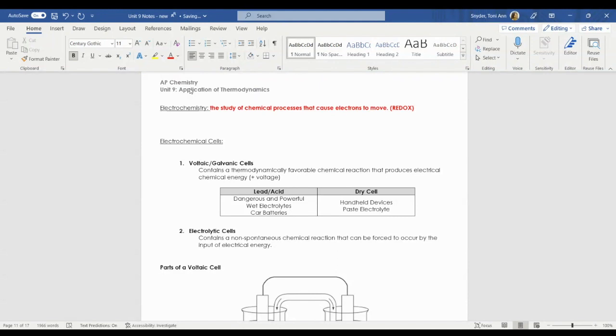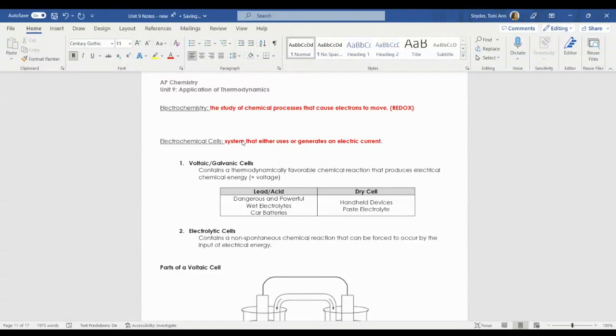What we can use to study this process is electrochemical cells. An electrochemical cell is a system that either uses or generates an electric current.